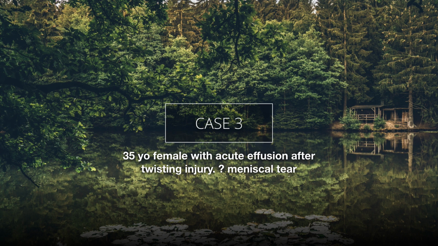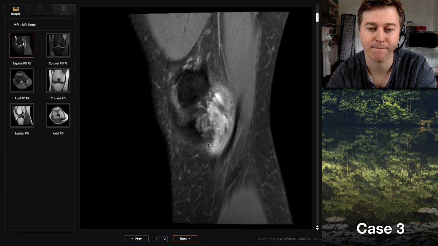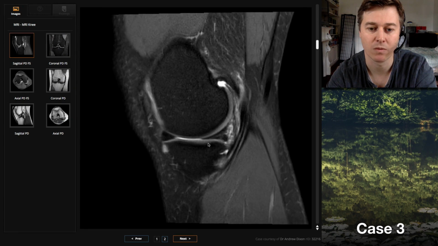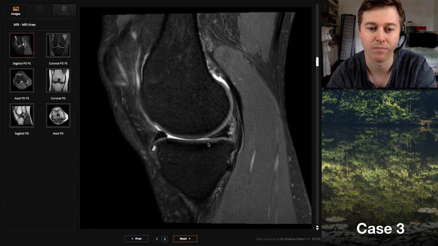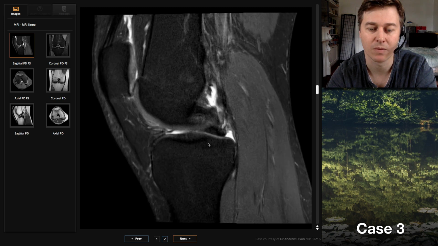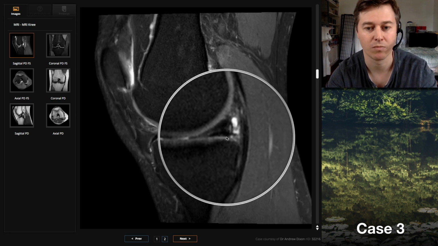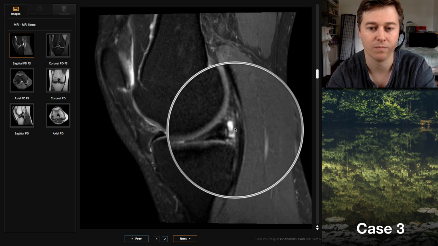All right, next case. So a 35-year-old female, acute effusion and posterior pain after twisting injury, pain with flexion and rotation, meniscal tear. Okay, so we've got high signal in this medial meniscus, and there's a small parameniscal cyst seen at the posterior aspect of the posterior horn.